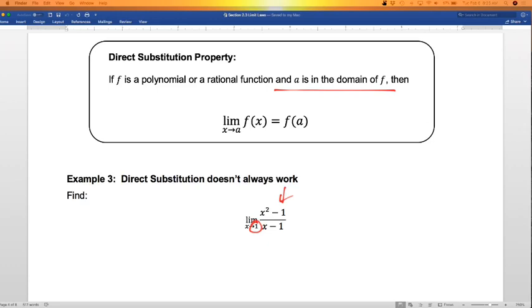No. Why not? You can't divide by 0. Because if I plug in a 1, I'll have a 0 in the denominator, and I can't divide by 0. So I can't just substitute in 1.